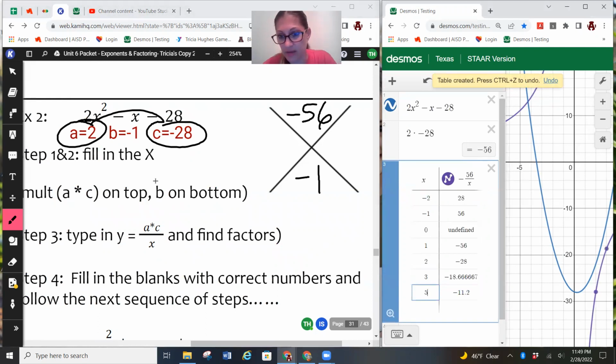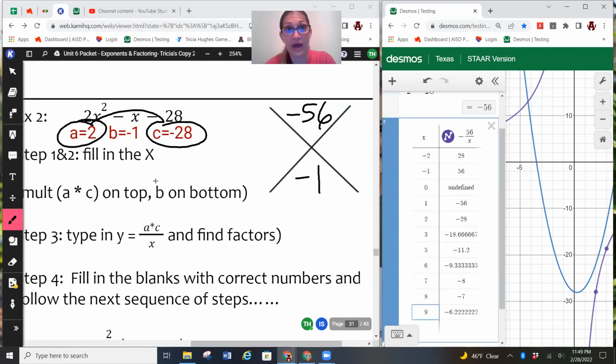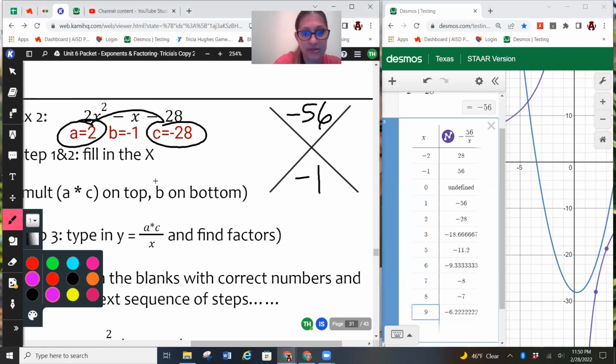Okay, so I'm just going to have to keep counting here. Oh, I found it. Is it 7 times negative 8 or 8 times negative 7? Which one of those adds to negative 1? You're right. It is a 7 with a negative 8.